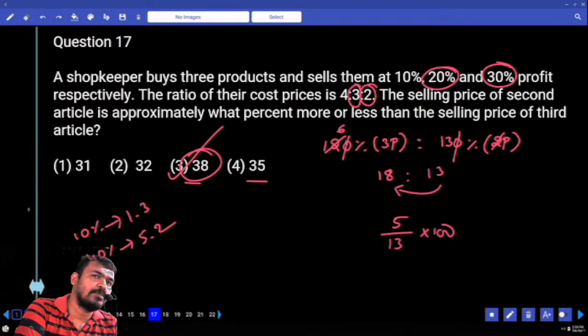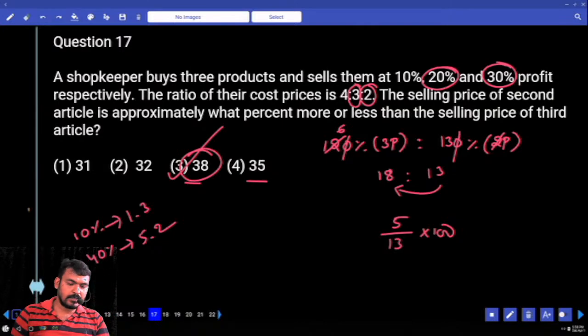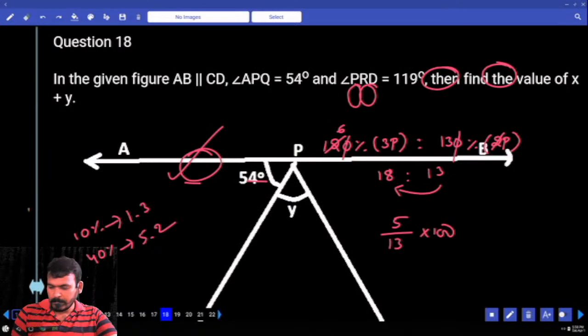If you take 30%, what is the value? 3.9. Again we require 5%. What is 5%? 0.65. 3.9 plus 0.65 is 4.55. It is less than 5. Less than 5 means the percentage is more than 35 or less than 35? More than 35. Which option? Third option.